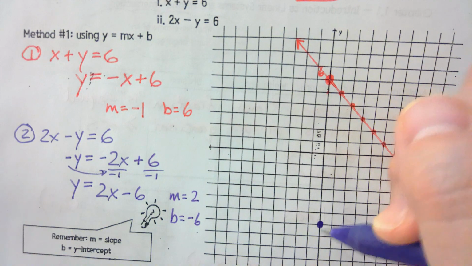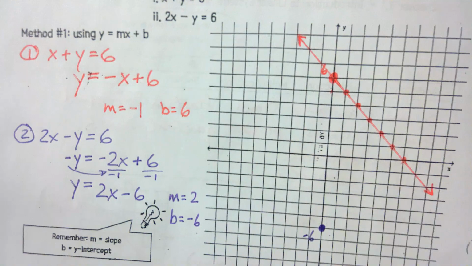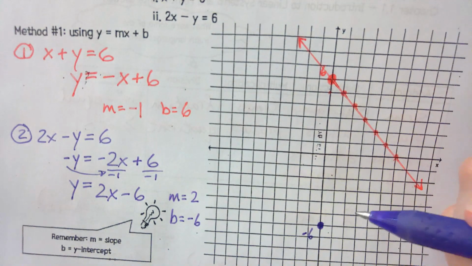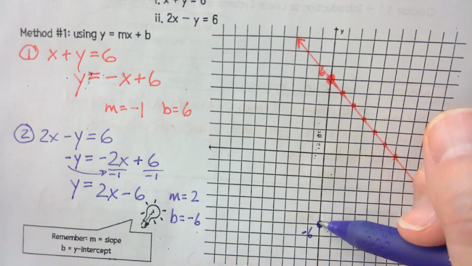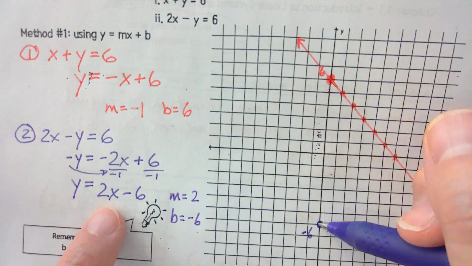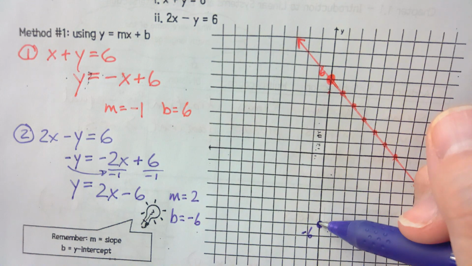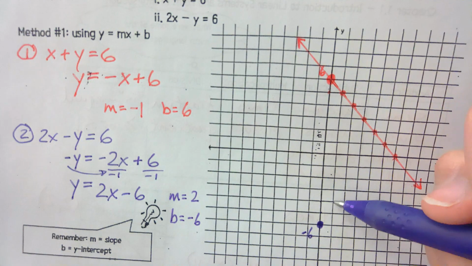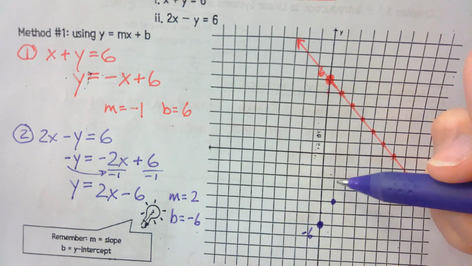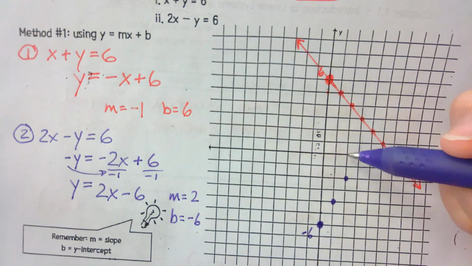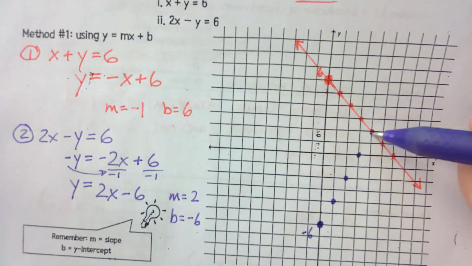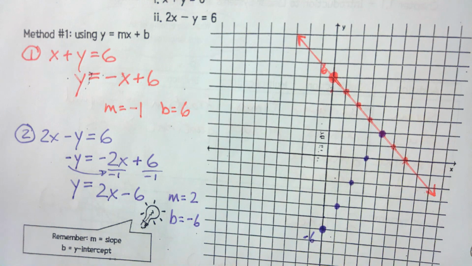I have my y-intercept at negative 6. And then from this point, rise over run. So I go up and over. Perfect. Up 2 over 1, up 2 over 1, up 2 over 1, up 2 over 1.